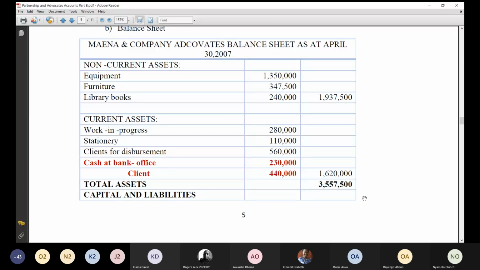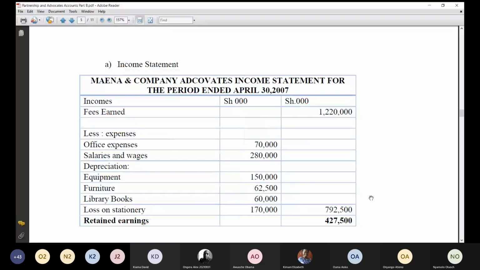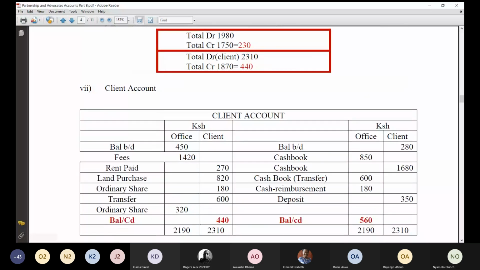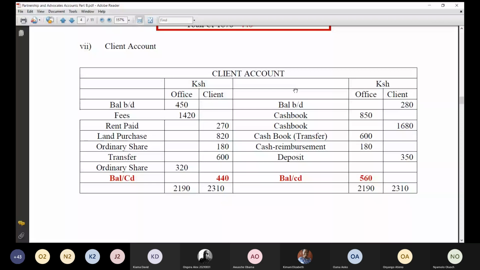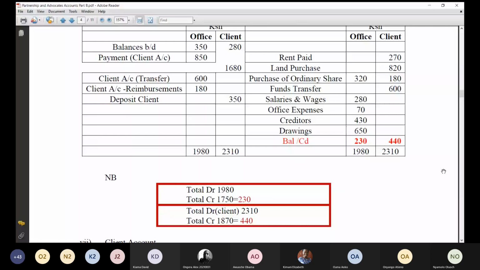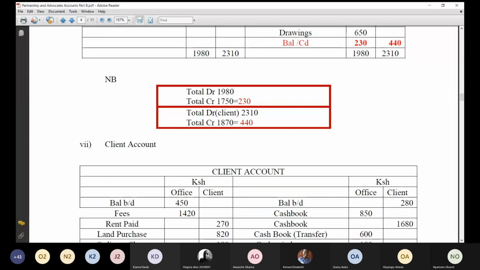So back to the balance sheet that we had explained. The other figures, all that trouble from that note 1 to around 7, all that trouble feeds into these two accounts, the cash book and the client account. After it has fed into this, it is just to show us that should we now go bankrupt, how much do we have in our accounts? We have money of our own of 230, clients' money 440.